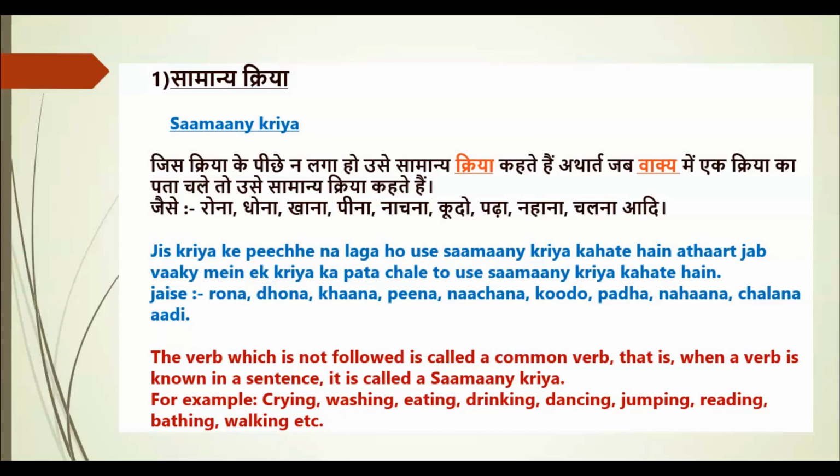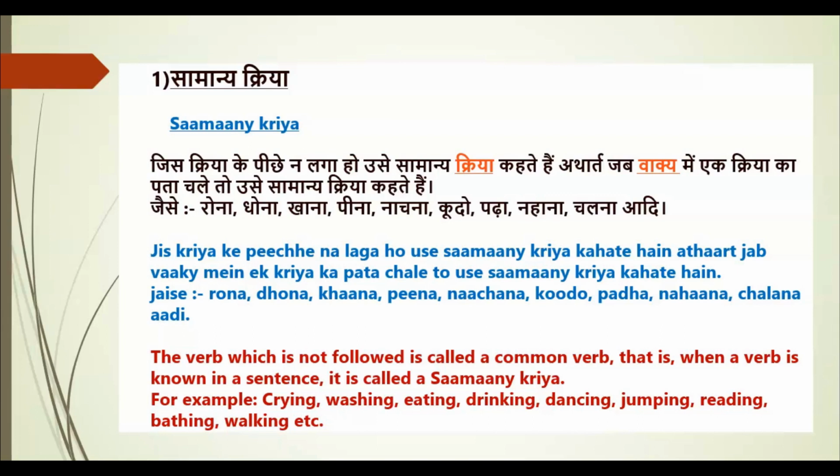Let's go through the definition of samanya kriya. जिस क्रिया के पीछे न लगा हो उसे सामान्य क्रिया कहते हैं. अर्थात जब वाक्य में एक क्रिया का पता चले तो उसे सामान्य क्रिया कहते हैं. जैसे रोना, धोना, खाना, पीना, नाचना, कूदो, पढ़ा, नहाना, चलना आदि.